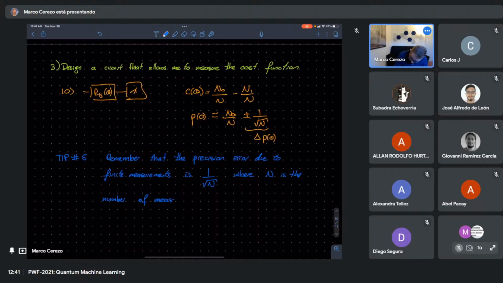So this is a word that we use quite a lot in the community: shots, which tells me how many times I'm running my quantum circuit and trying to estimate quantities, right?